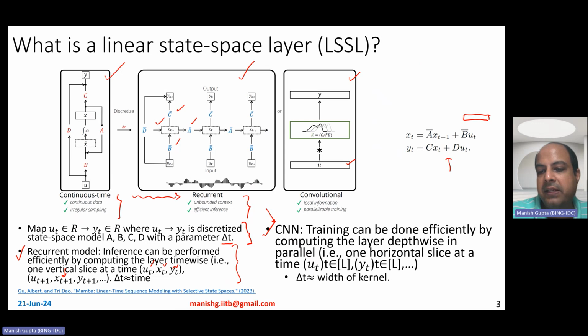Which means you can take U as the original input, do some sort of convolution with some filter, a special kind of filter we'll talk about, and come up with an output. Remember, this is just a layer. That output can further be convolved by another kernel, and then you come up with the next output and so on. In this context, the notion of delta t can be considered as the width of the kernel.